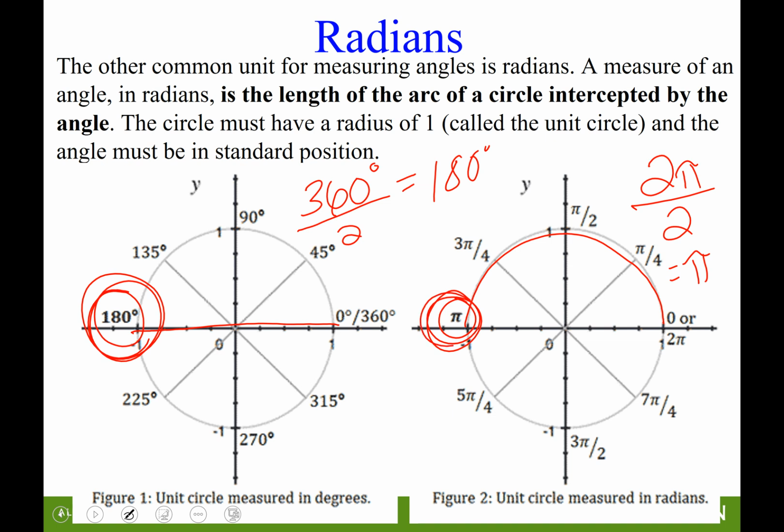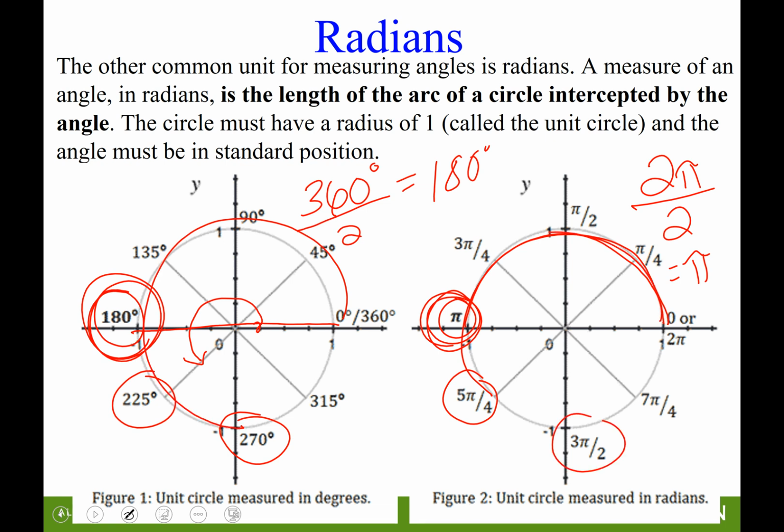All right, 225-degree angle. So that's an angle that starts here and opens all the way up past 180 degrees. That would be equivalent to 5 pi over 4 radians. If you go 3/4 of the way, 270 degrees, then you are at 3 pi over 2 radians.